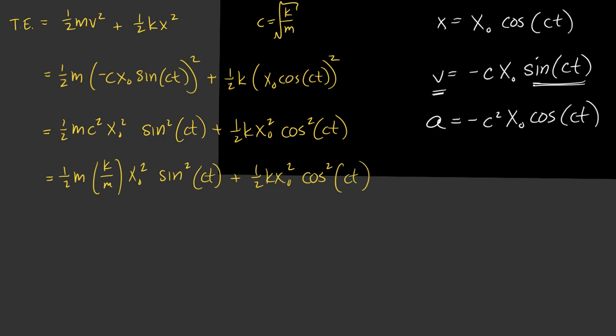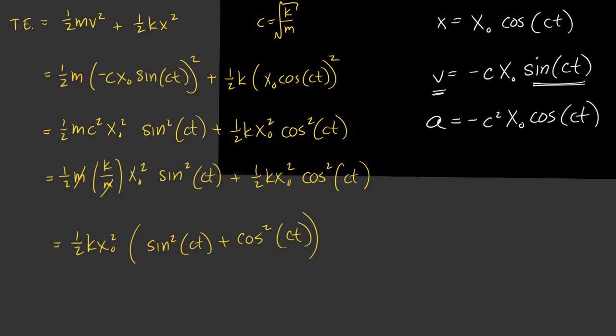Do you see that the m's cancel? Right here. Do you notice that all I have left is 1/2 k x naught squared? And do you notice I have the same term here? So I could just factor those out. And I'd have sine squared ct plus cosine squared ct.